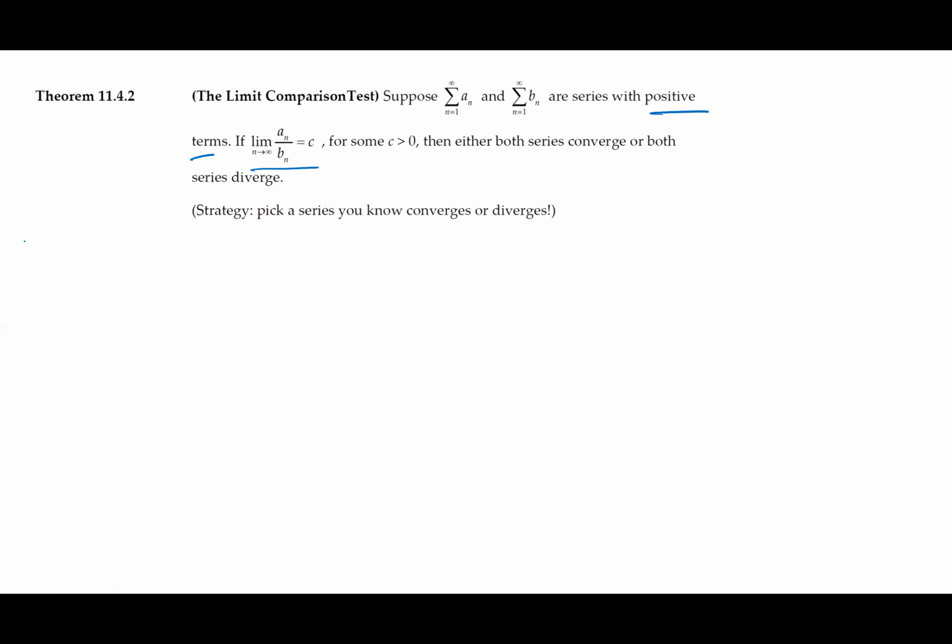So what I'm going to do, I'm going to prove this, and I'm going to take two positive numbers, little m and capital M, and I'm going to find them such that C is trapped between them.